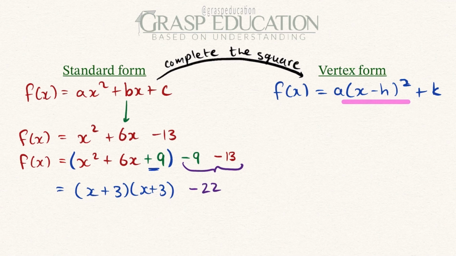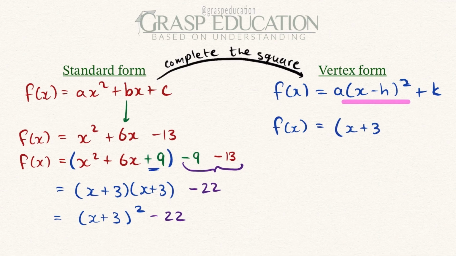From here, I can write x plus 3 as a single bracket, but it is now squared, minus 22. I have now got it into vertex form. Vertex form, a is 1, so I don't need to write that. It is x plus 3 squared minus 22.